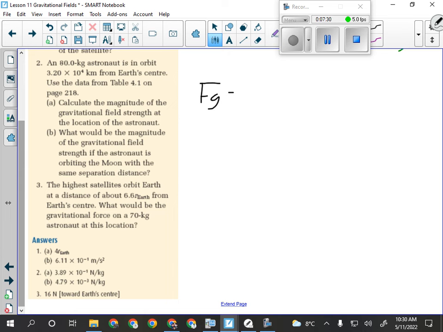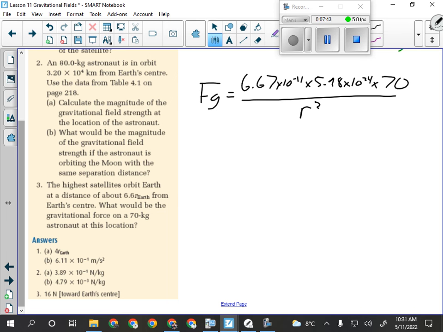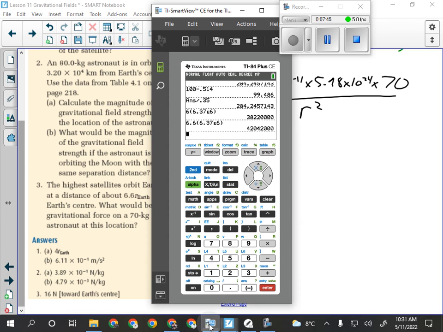So force of gravity would be 6.67 times 10 to the minus 11 times 5.98 times 10 to the 24 times 70 kilograms, divided by r squared, that number we had a minute ago. So we'll have brackets.